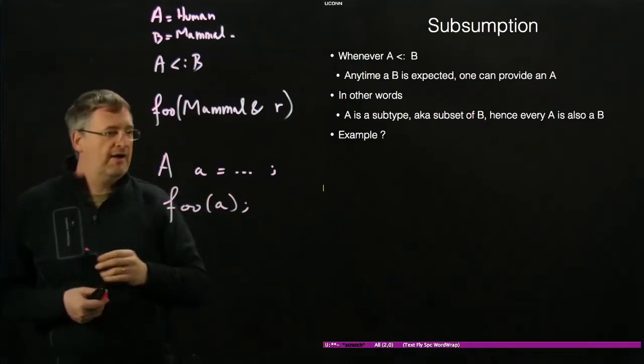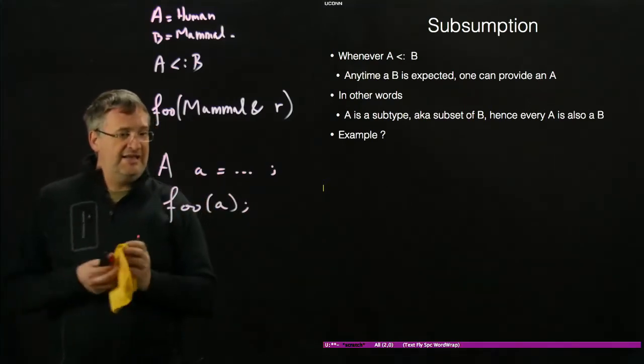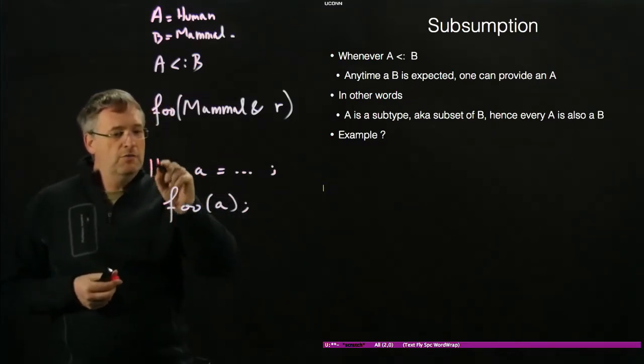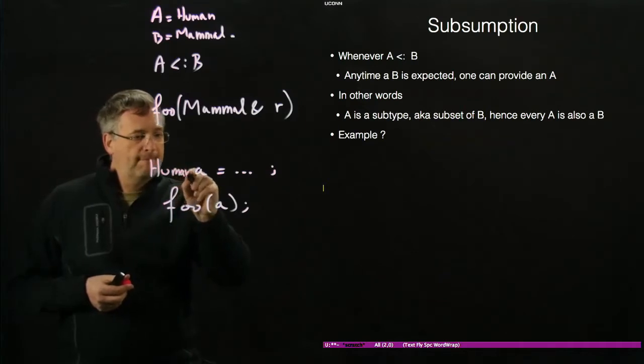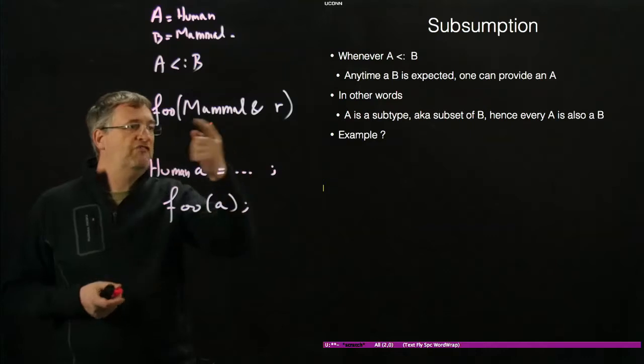This is legal, right? Because my a here, let's make it precise, it's not any A, it was actually, let's use the type, a human. So I have a human called a, and I'm passing the human to a function that expects a mammal.